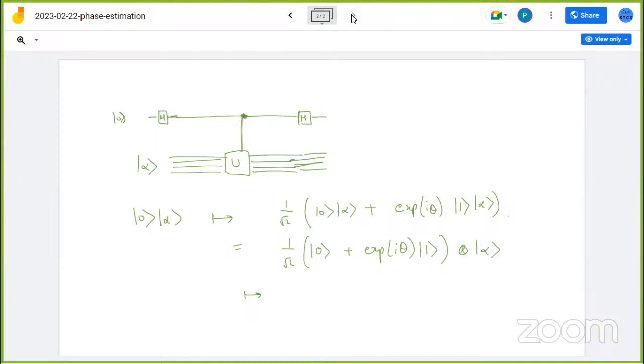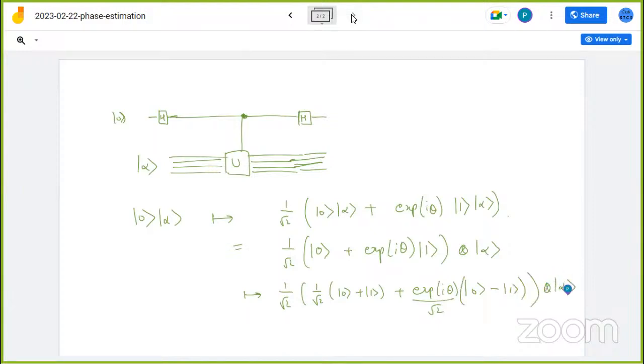So this becomes what? This becomes half of 0 plus 1 by root 2 of (0 plus e^{i theta} 1) by 0 minus 1.